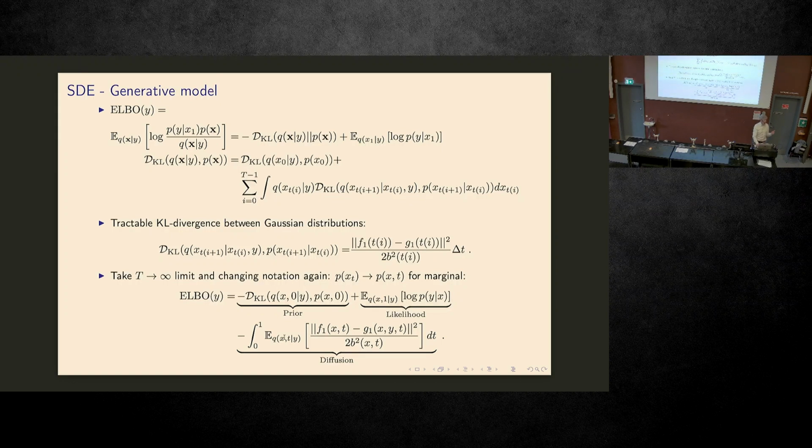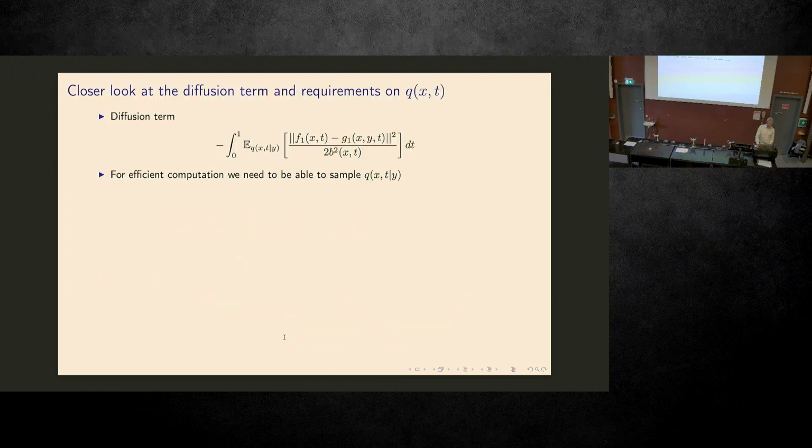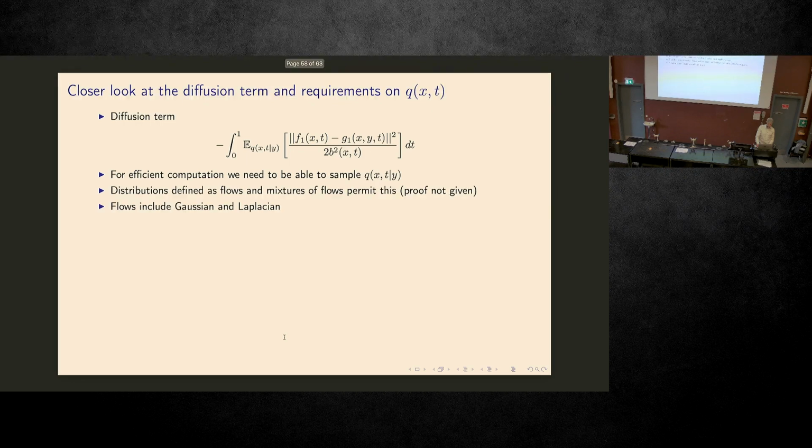And that, of course, if you want to do this efficiently, sets restrictions on how to choose the variational distribution. And what I will not show, but you can show, is that if you define your variational distribution as a flow model, you can actually calculate this marginal distribution for any t.